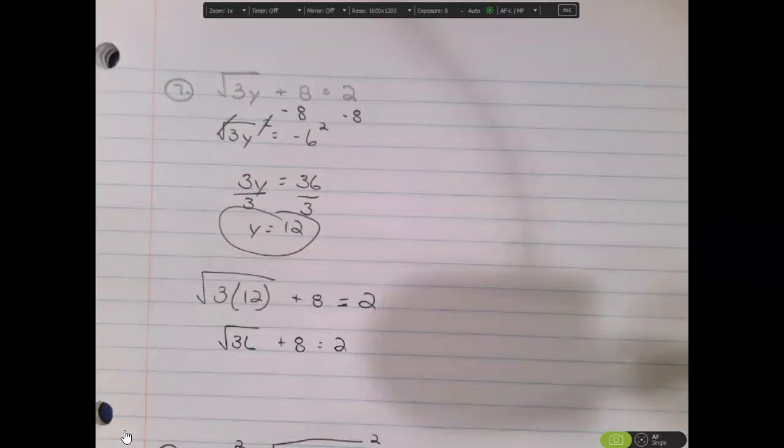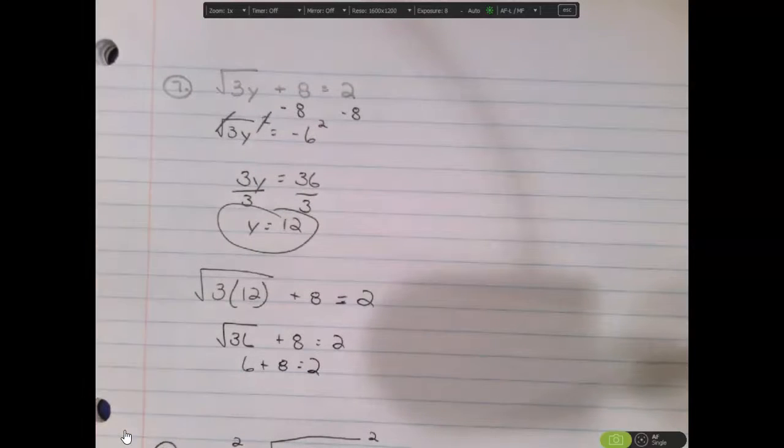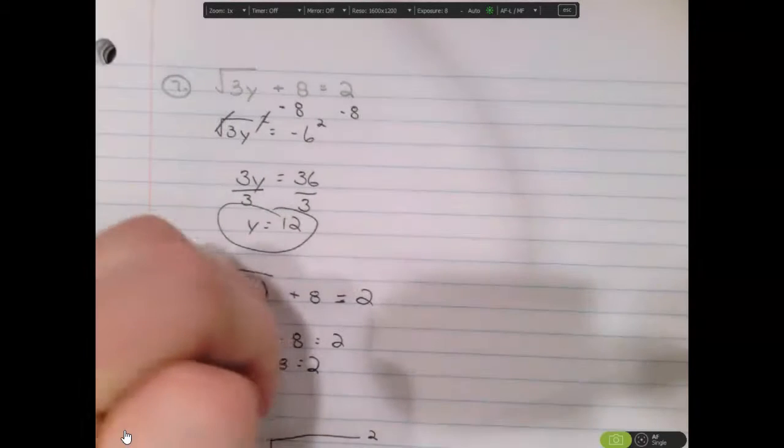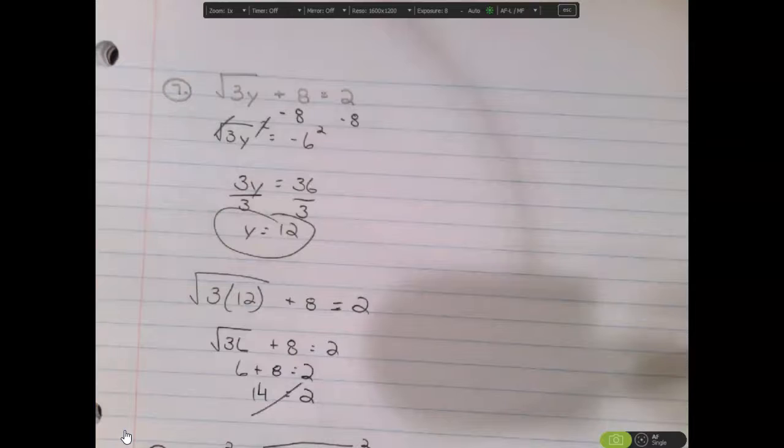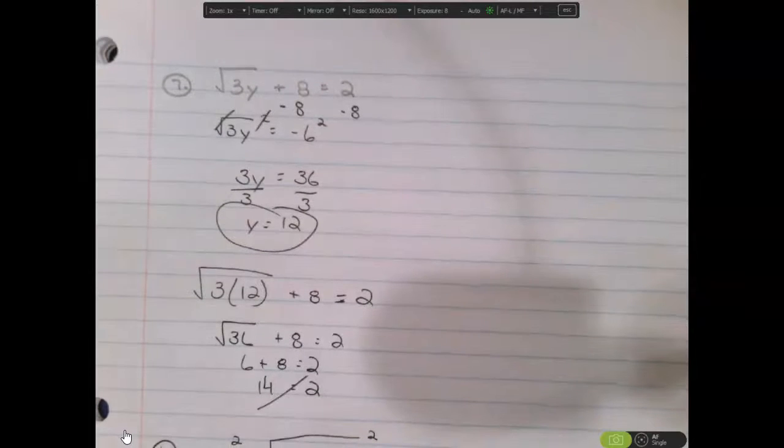So square root of 36 plus 8 equals 2. Pretty easy. Square root of 36 is 6. 6 plus 8 is equal to 2. Wait a minute. 6 plus 8 is 14. 14 does not equal 2. I don't know in what universe it does, but it does not in ours equal 2.